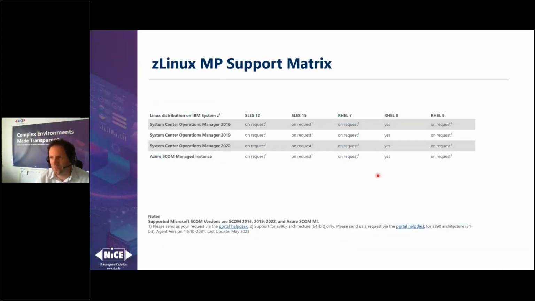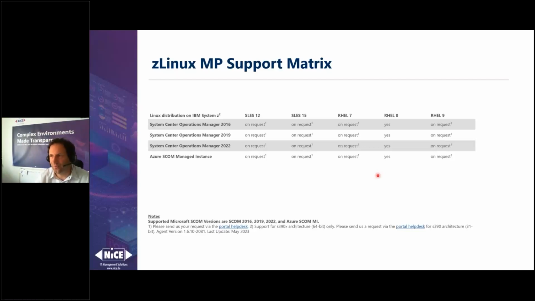We focus on Red Hat 8 here. We can do others, but due to the effort it takes to set up the systems and verify all the different components like SSL, OpenSSL libraries, C++ runtimes, and so on, most of the scope is testing and verification of the entire system.